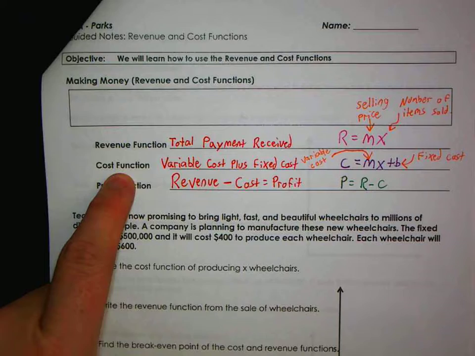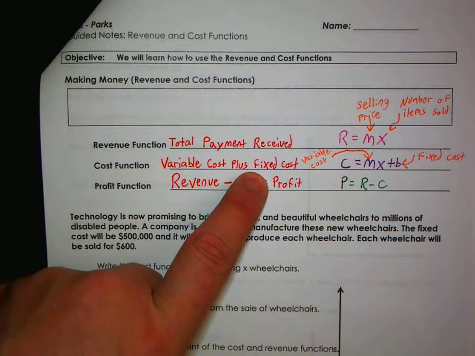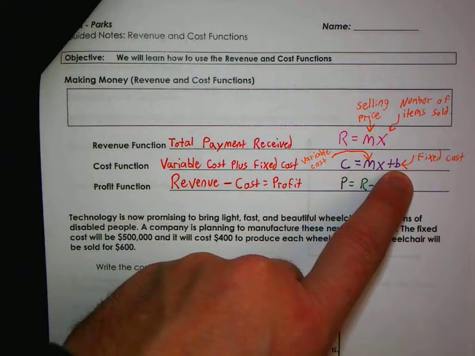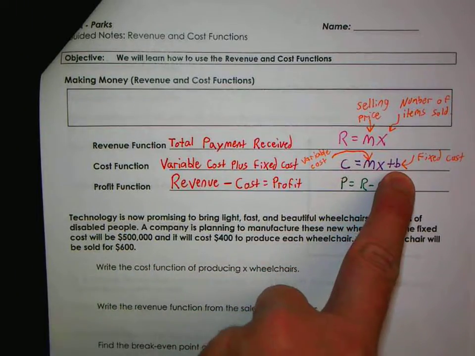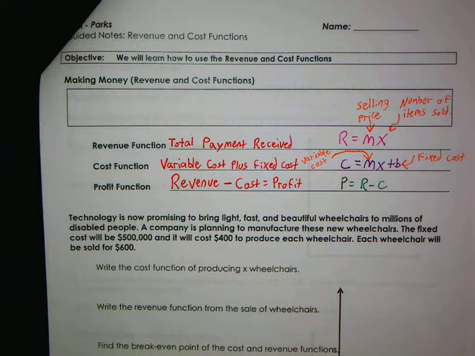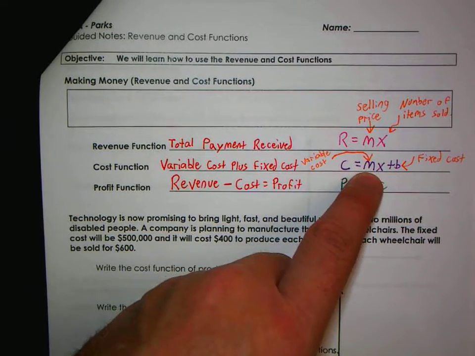My cost function consists of things that are variable and a fixed cost. So thinking of the hair salon, my fixed cost would probably be rent, and then there's a lot of variable costs, but just to keep it simple, like I pay people to cut hair, so maybe I give them a certain amount per hour.